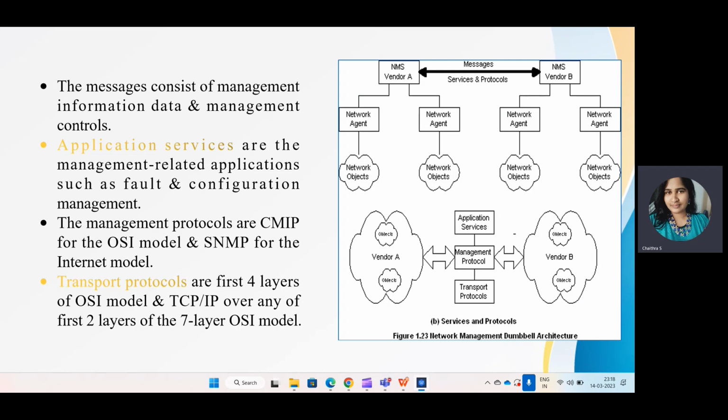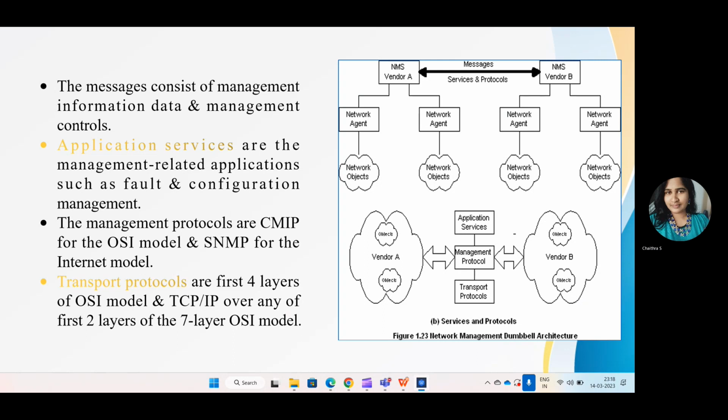First of all you should know what network objects are. Network objects can be laptops, desktop computers, or any kind of servers. There are messages transferring from vendor A to vendor B, and here you require some quality of services as well as protocols from vendor A to vendor B.